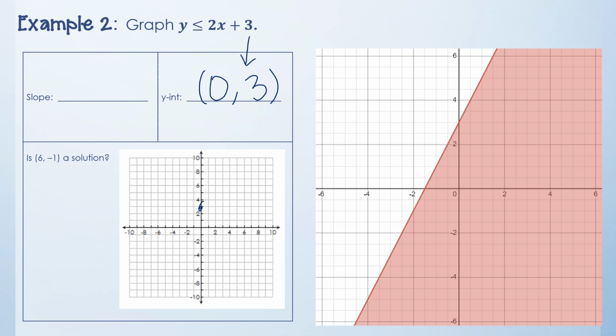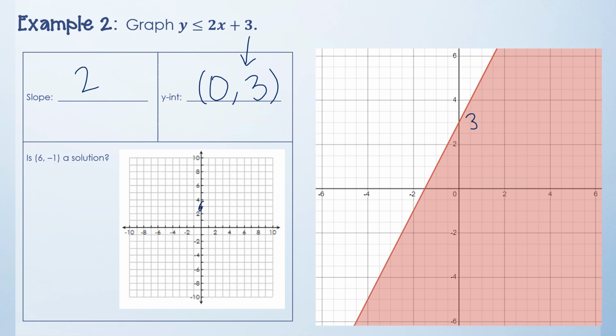Notice on the screen on the right with Desmos, my scale is a little bit off because it's going by 2. So I can see right here that that's the y-intercept at 3. When you're in Desmos, you can zoom in to have the scale go by every 1, and then you would be able to see that that point is at 3. Then my slope is a positive 2.